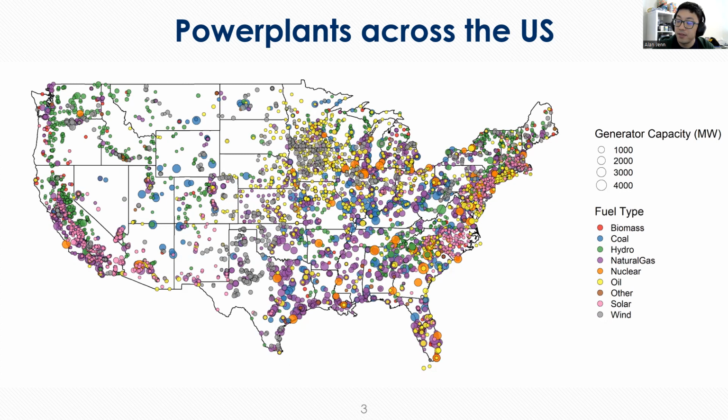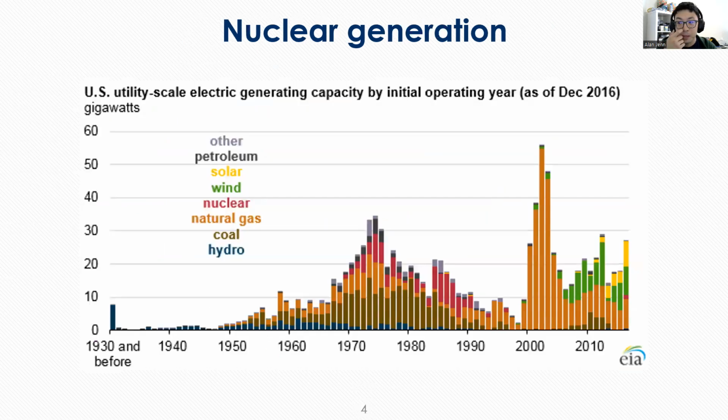So the first resource we'll be talking about today is nuclear generation. You may remember this figure from last class as well. This describes when power plants were constructed in the US, and the size of the bar indicates the capacity that was installed.